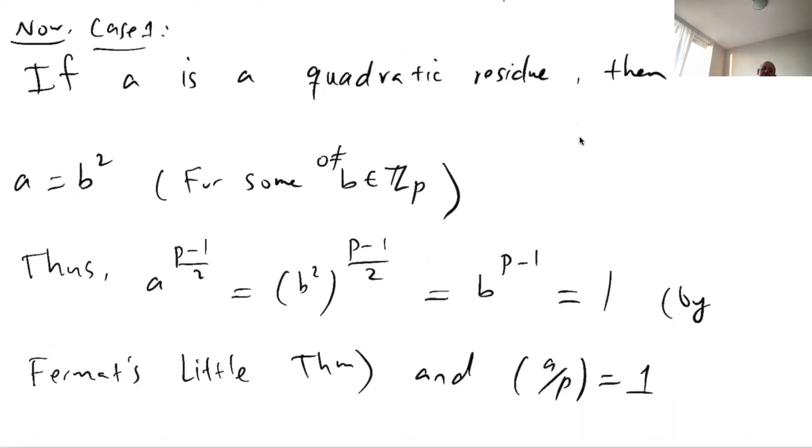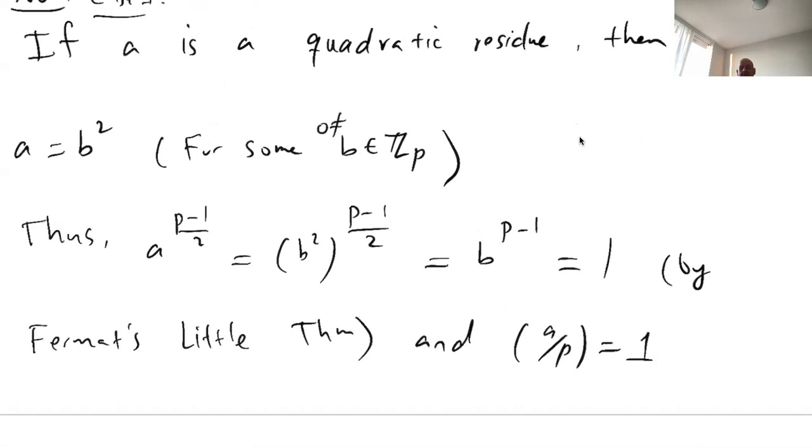So A to power P minus 1 over 2, we simplified, is equal to 1. What about A over P? A over P will also be 1. Why? Because again, by definition of Legendre symbol, so we said that this symbol is called Legendre symbol. By definition of Legendre symbol, A over P is equal to 1 if A is a quadratic residue. And in case 1, I'm assuming A is a quadratic residue.